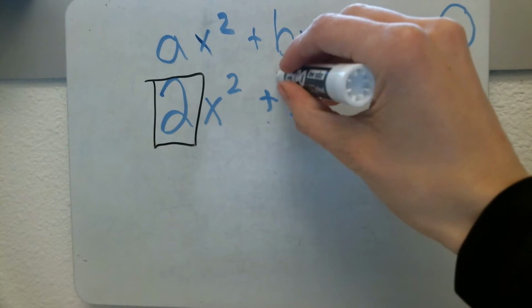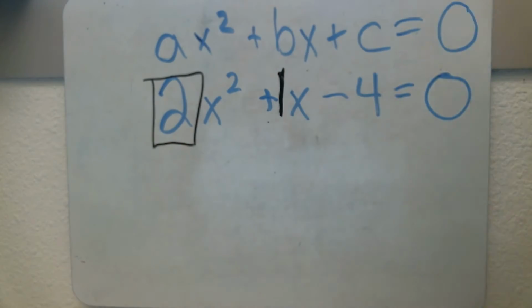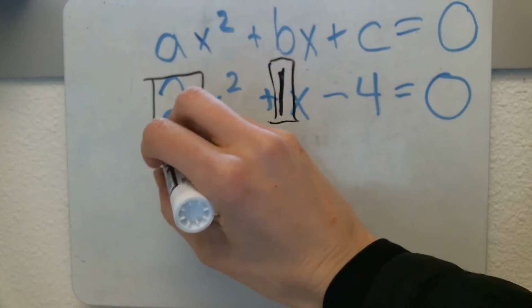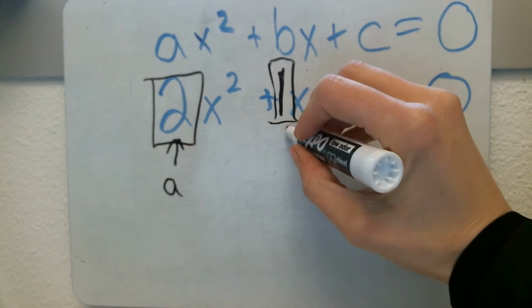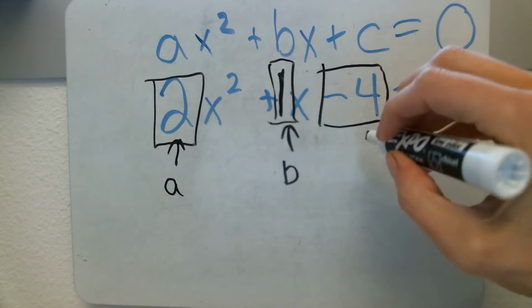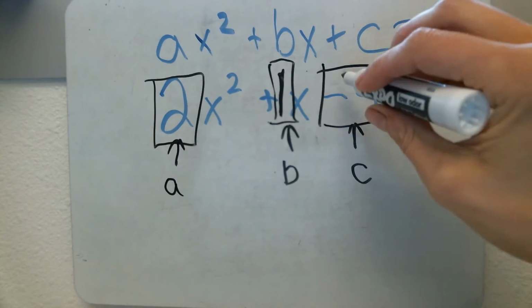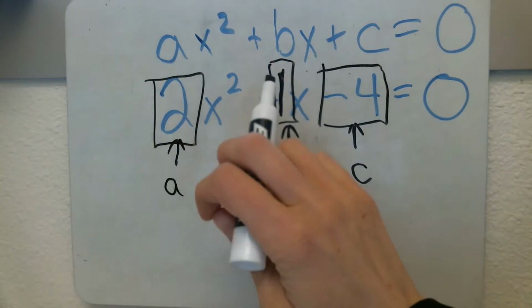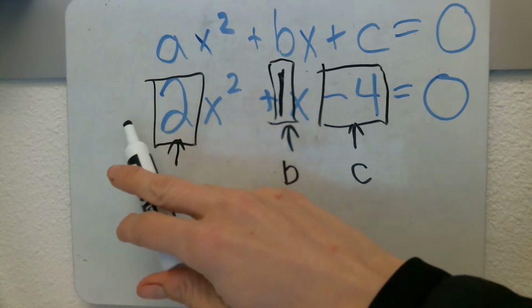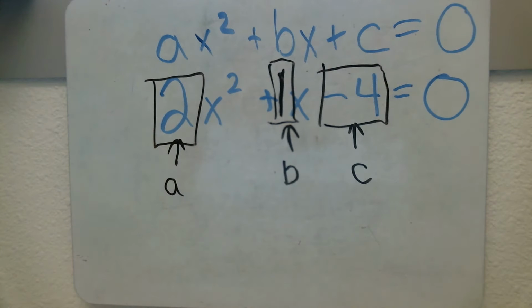It's going to be that invisible 1 that we sometimes have hidden in algebra. So b is going to be 1. It's my a, my b, and my c is going to be -4. So you notice I keep the negative with the 4, just like here my 1 is positive, and since there's no sign in front of the 2, it is also positive. Okay, so that's the first thing that we need to look at.